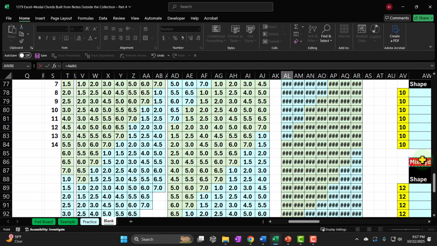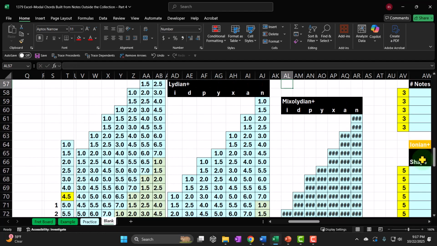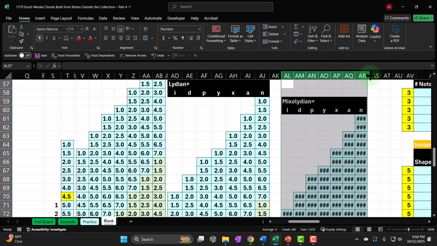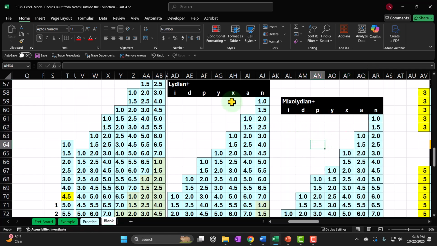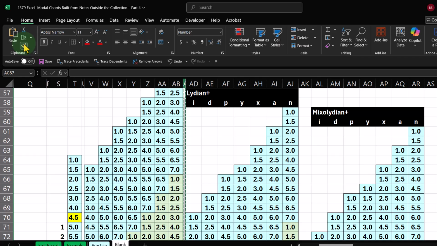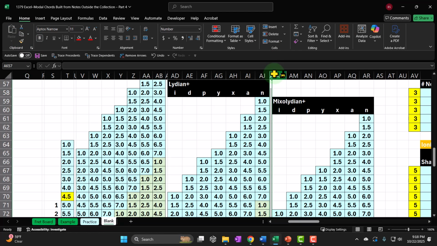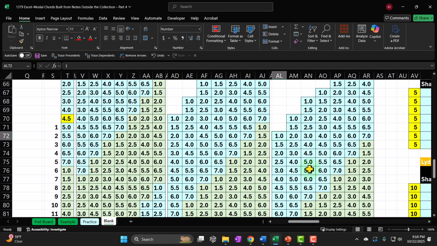The red one. Boom, Mixolydian plus. Okay, and then these need to be a little bit wider, a little bit larger so I can see what's happening. All right, and then I need a skinny. I'm going to take this skinny right here, format paint it, and put it in that skinny. Okay, so now this 1 ties out to that 5.5.